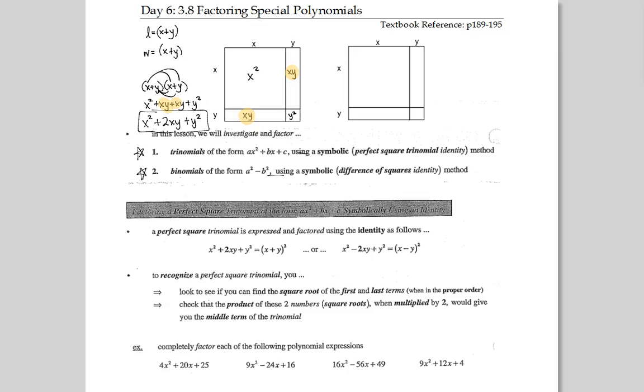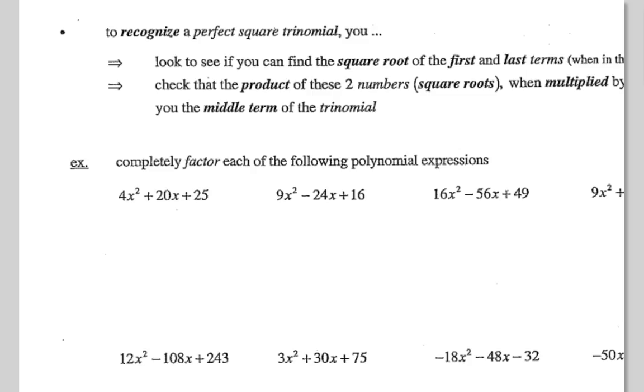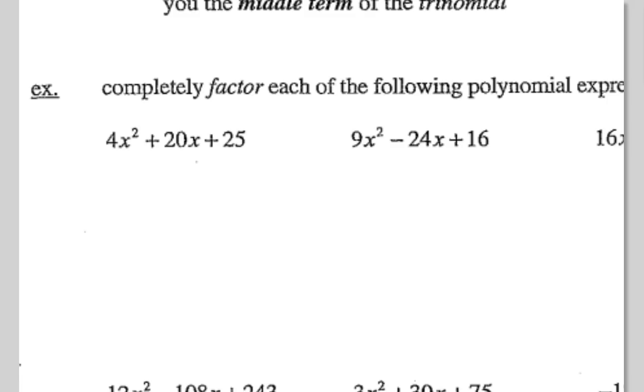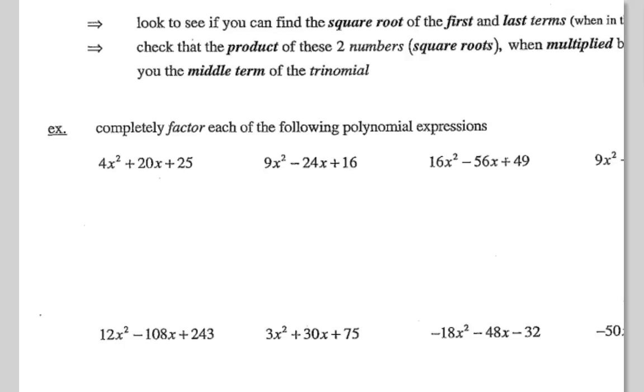So let me show you. Look at this one here, 4x squared, 20x, and 25. These are perfect squares. These examples here. So I need to take the square root of each of these.